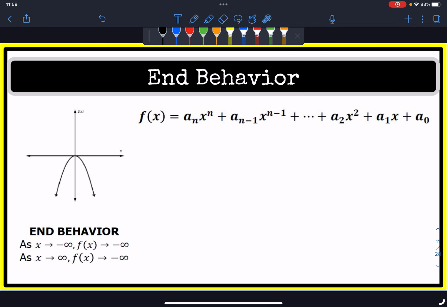Like on this polynomial right here, in order for it to behave like this power function where the two ends are pointing downwards, that means that this exponent n has to be an even number, and the number that we're multiplying this term with has to be a negative value.